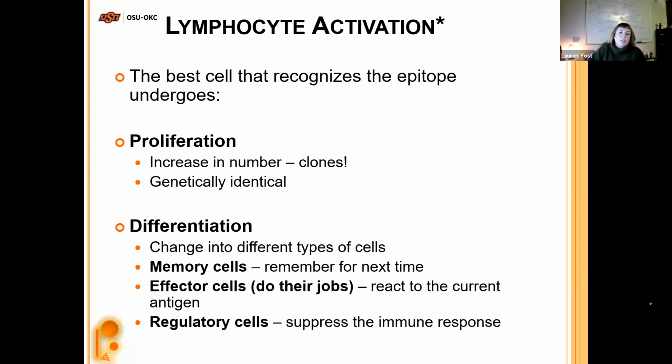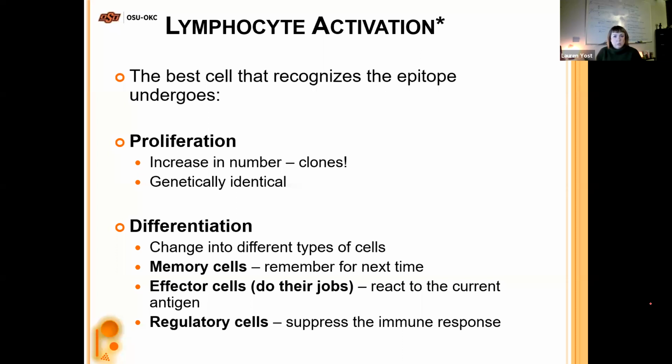So when we are undergoing lymphocyte activation, the cell that recognizes the epitope best will undergo proliferation and then differentiation. We've mentioned it earlier. They're going to increase in number. We're going to clone ourselves. They're all going to be exactly the same.